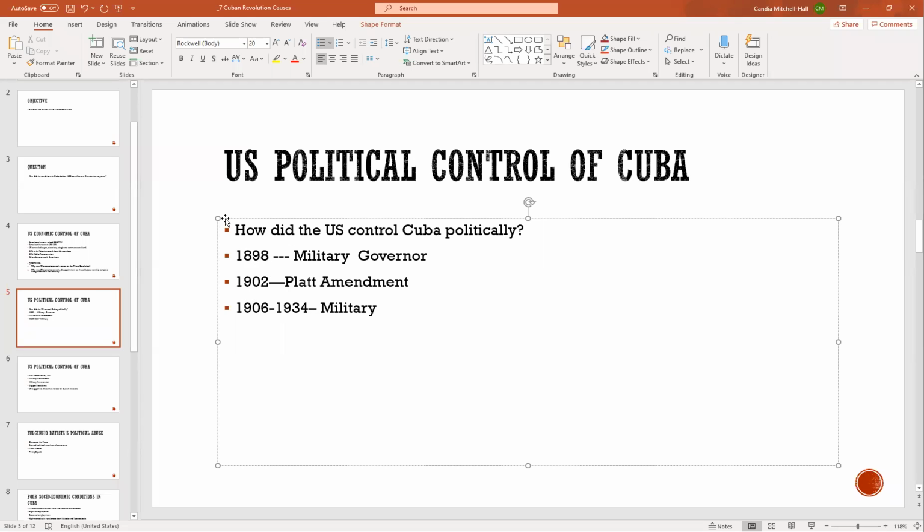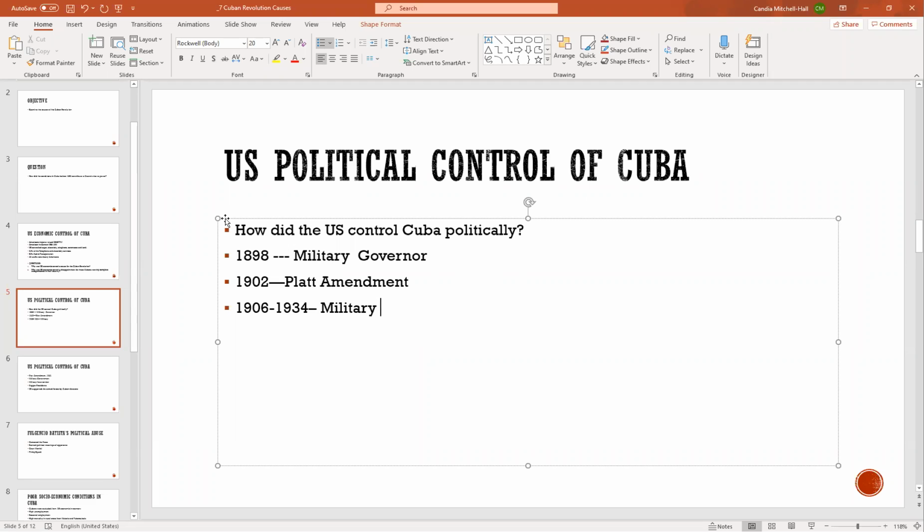So your point is that another cause for the Cuban Revolution is that the United States controlled Cuba politically. Ways in which they controlled Cuba politically is that from as early as 1898, they would have appointed a military governor. They would have implemented the Platt Amendment, explained what the Platt Amendment was.